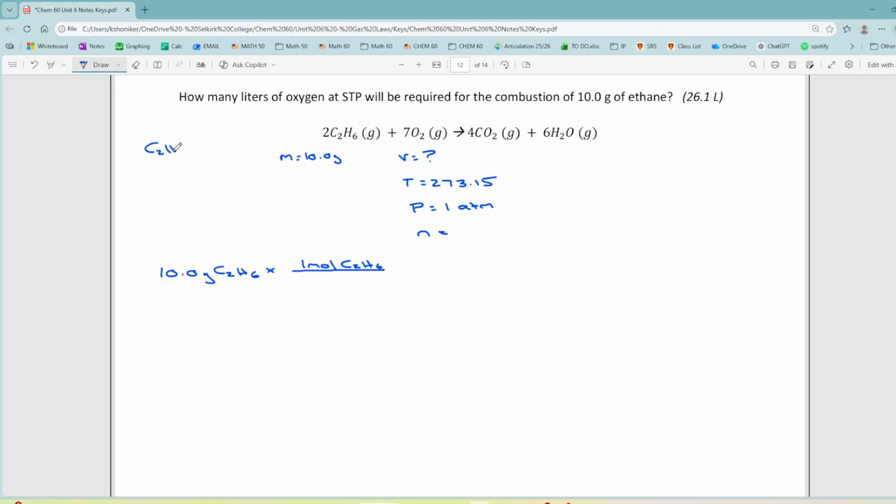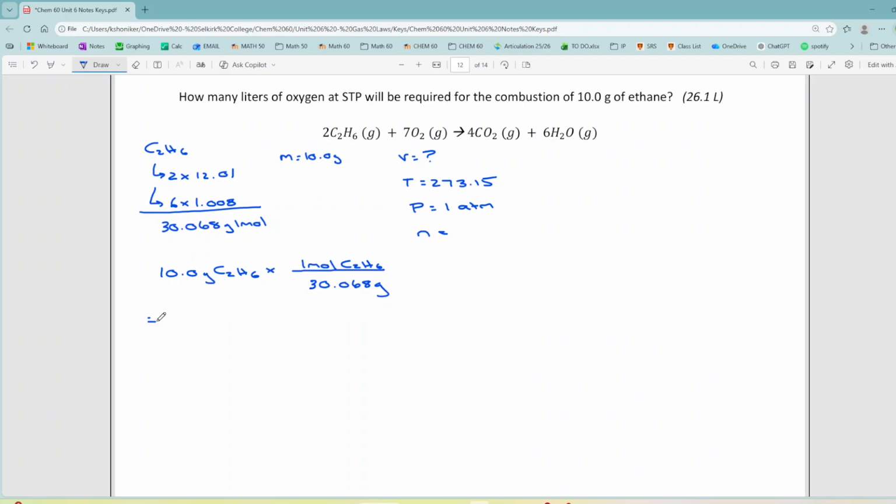Well, C2H6 is made up of 2 carbons, which are each 12.01, and 6 hydrogens, which are each 1.008, which will give me 30.068 grams per mole. So 1 mole weighs 30.068 grams.